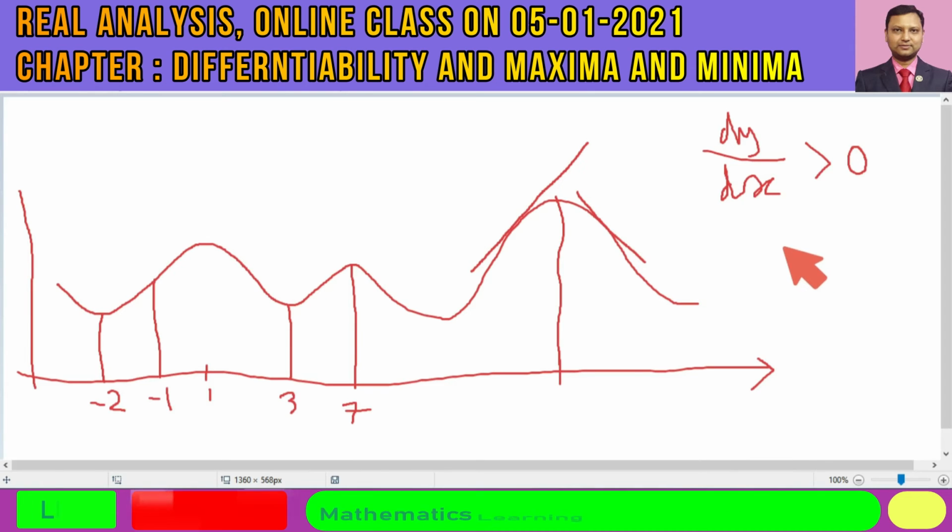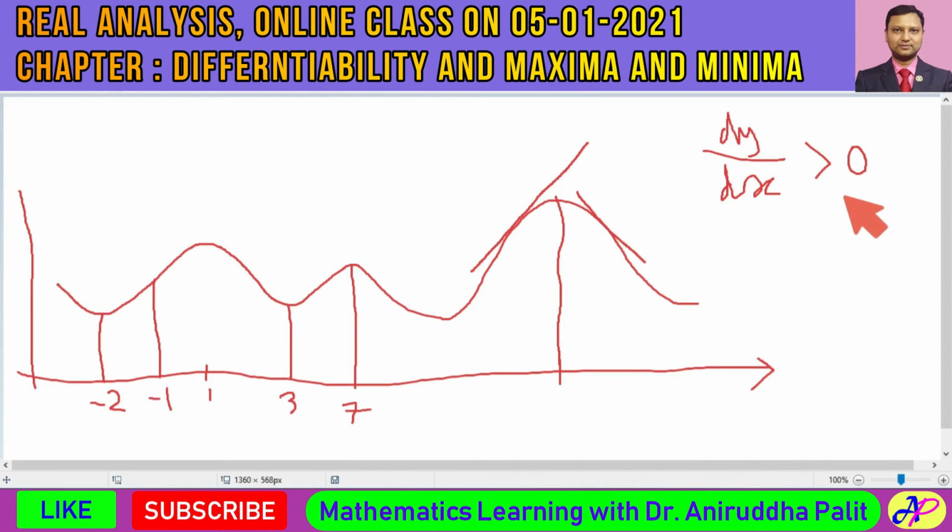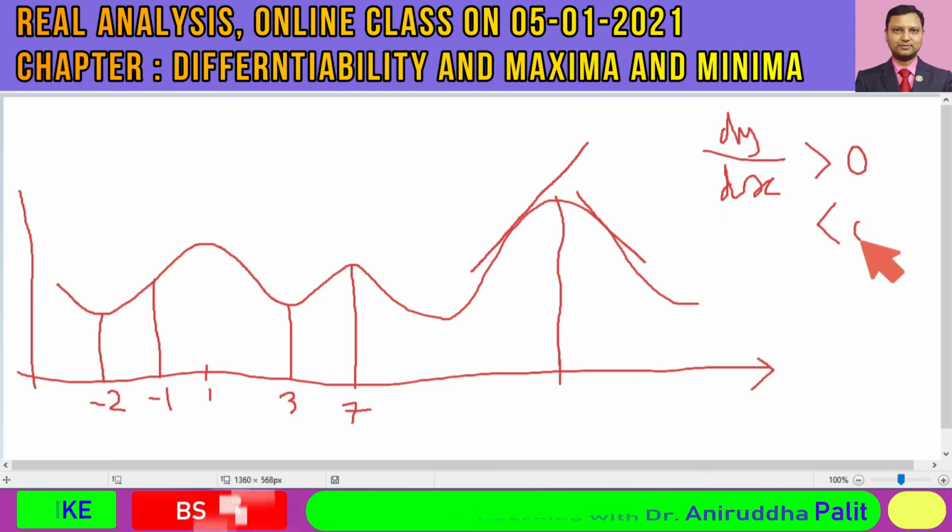And therefore this dy/dx would be less than 0.